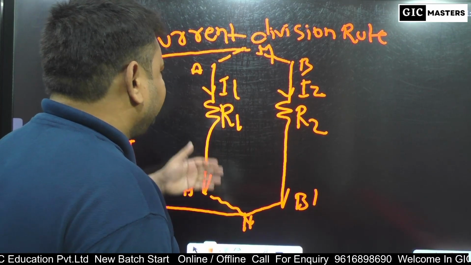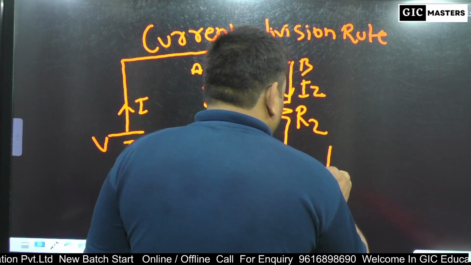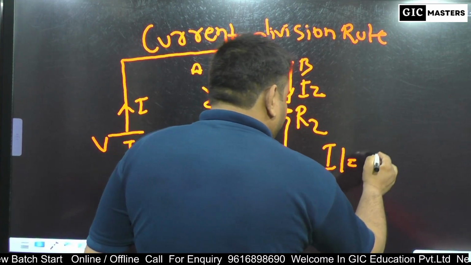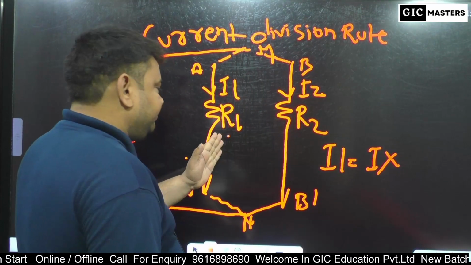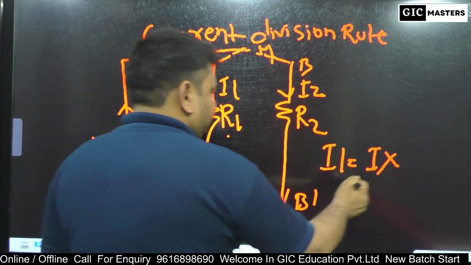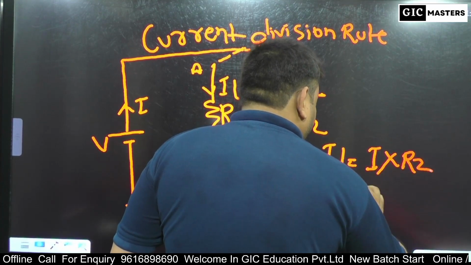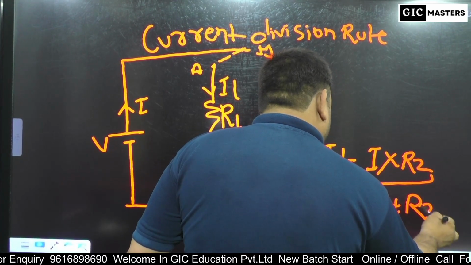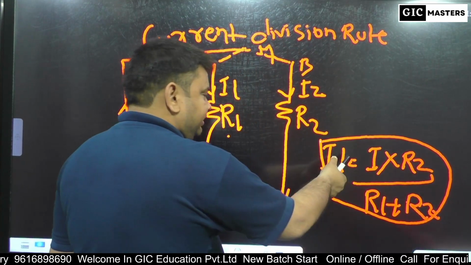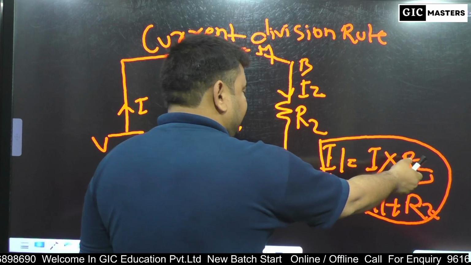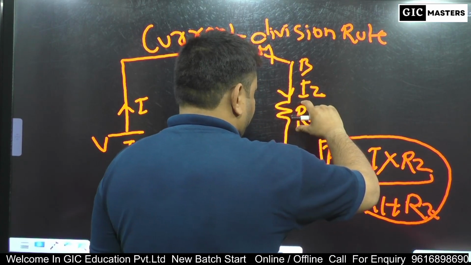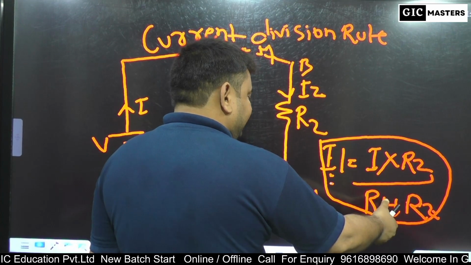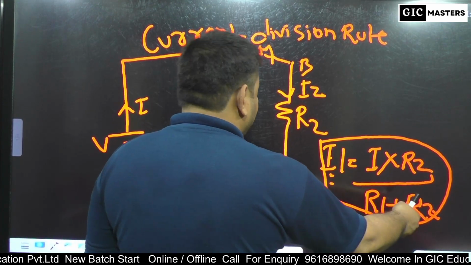So how to calculate I1? The current flowing through R1 is equal to the total current I multiplied by resistance R2, when we calculate I1, divided by total resistance R1 plus R2.